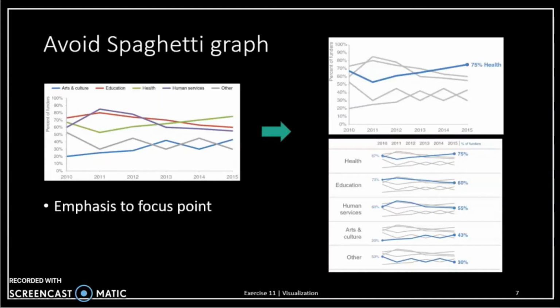If one line is a focus point, just highlight that and then tell a story around it, so everything else will go in the background. Also, if every line needs to be focused and you have different stories around it, the combined method is useful. Depending on the situation, we can use multiple charts, but the left side chart is a no for any case.